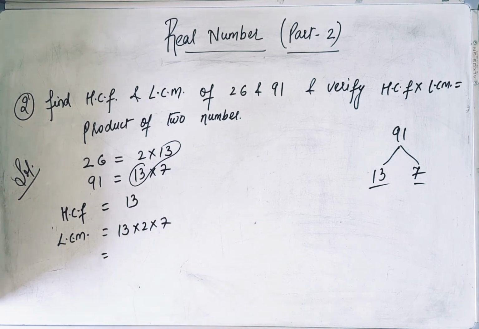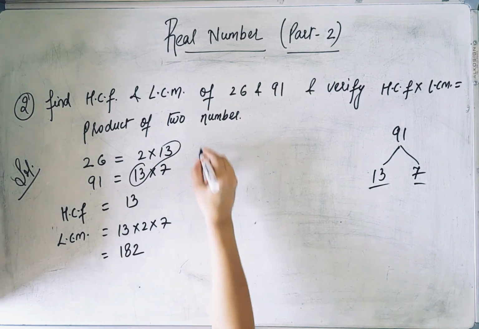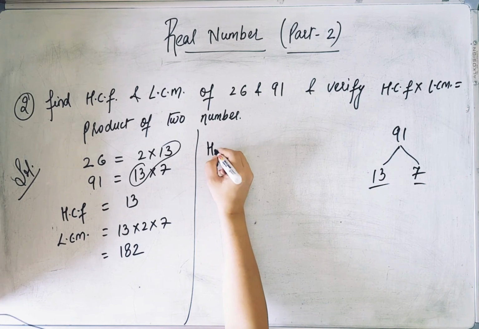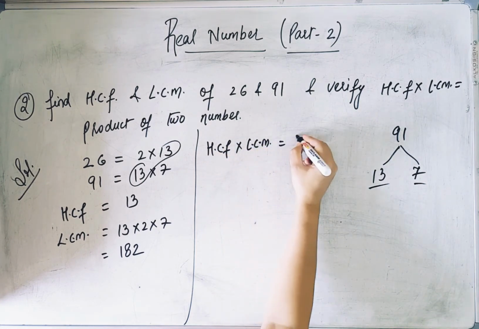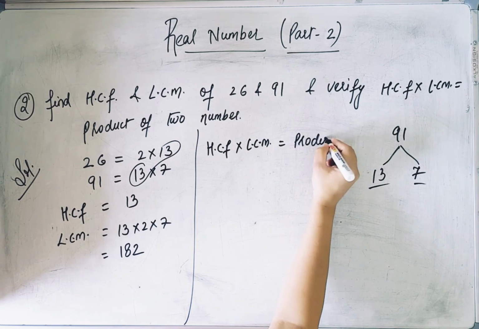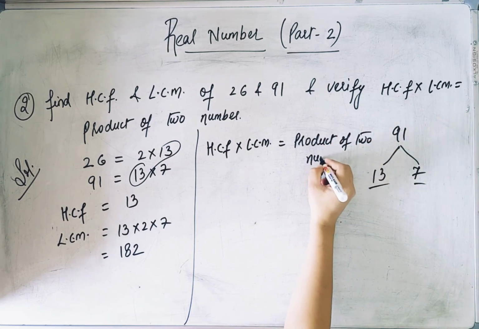13 twos are 26. 26 into 7 is 182. Now what do we have to verify? This is a very important formula: HCF into LCM is equal to the product of the two numbers. We have to verify it.